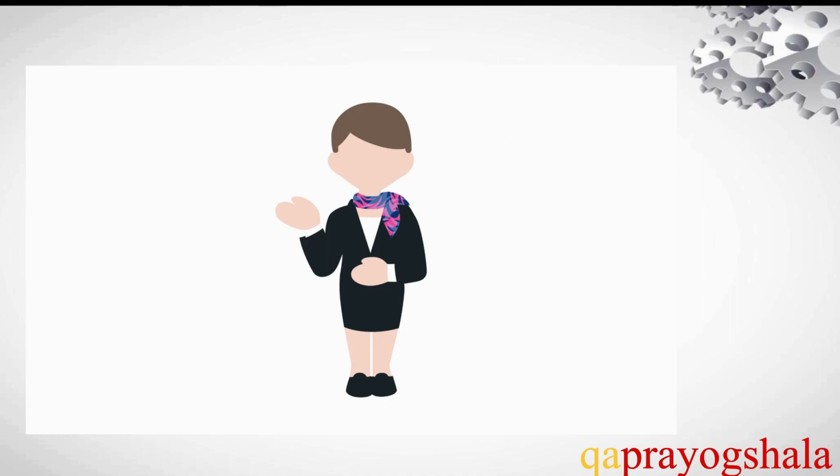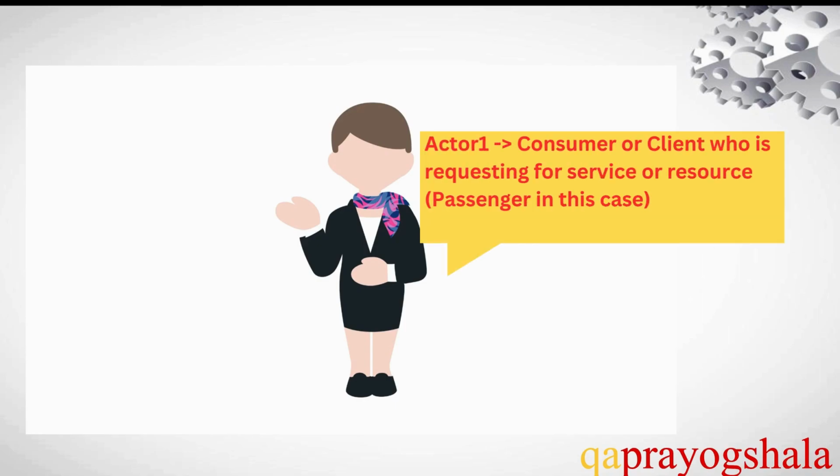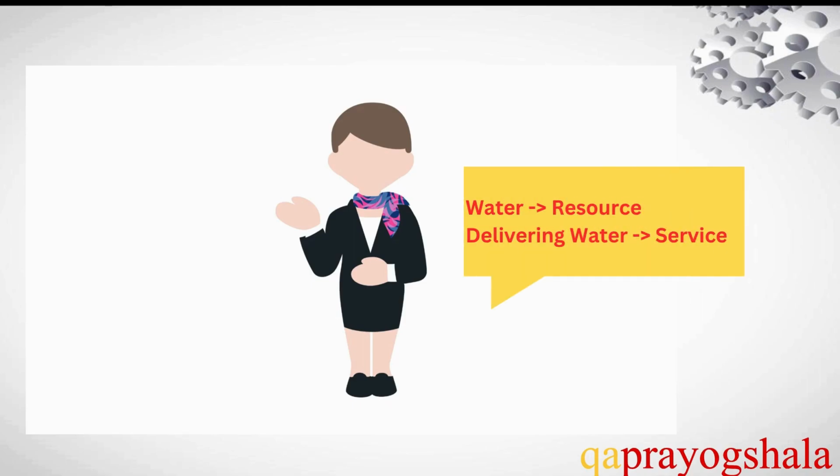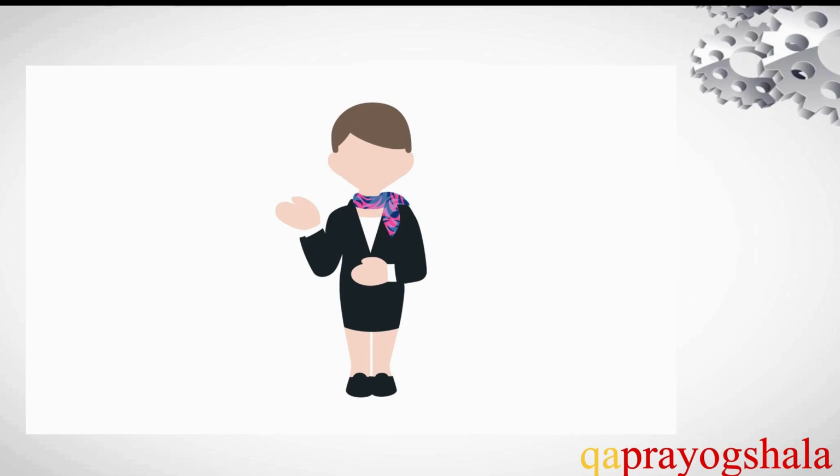So if we elaborate this example a bit, there are two actors here. One is a consumer or a client, who is requesting water here. Water here is nothing but a resource, and delivering water at your seat is nothing but the service, that is provided by a flight attendant.